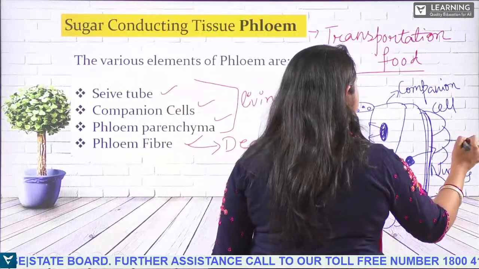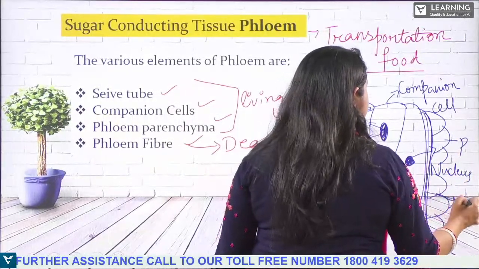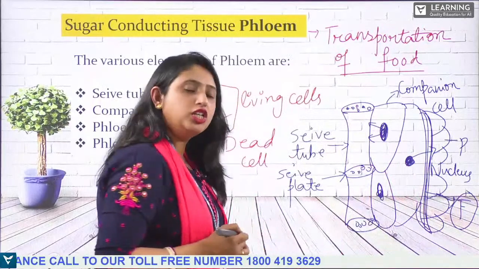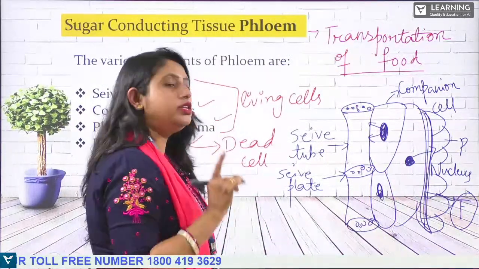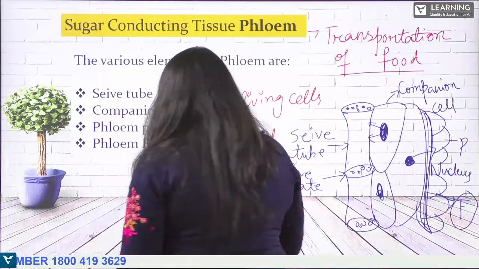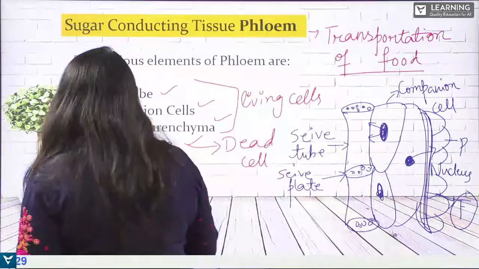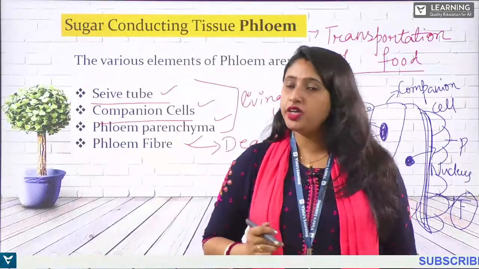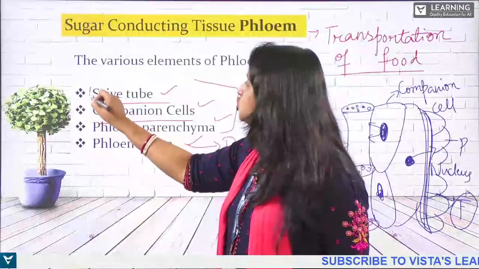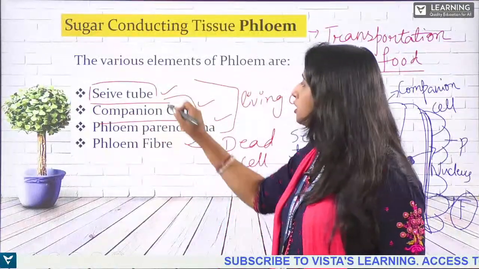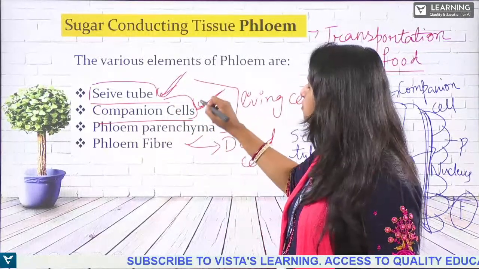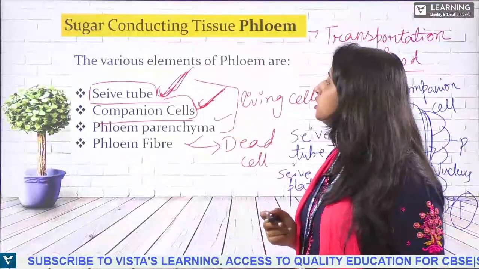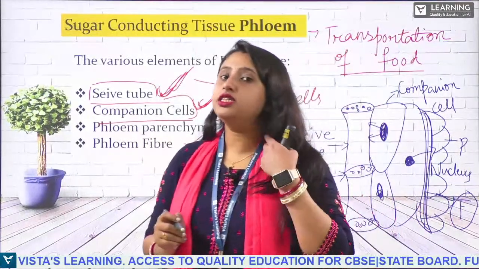These are the parenchyma cells and this is the fiber. Now, in the transportation process, remember, the sieve tube and the companion cells play a major role. Sieve tube and the companion cells are very much essential for the sugar conducting tissue, that is phloem.